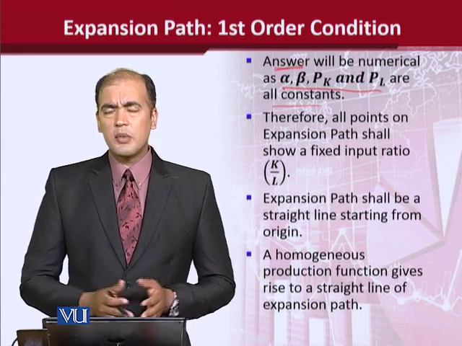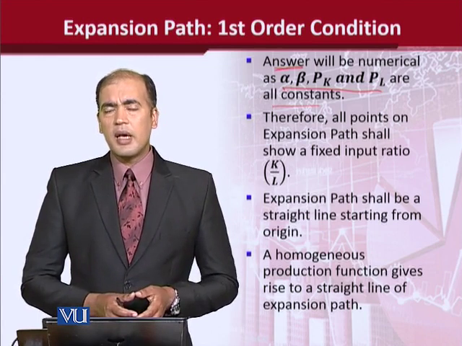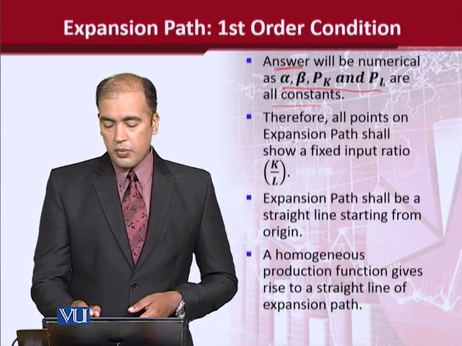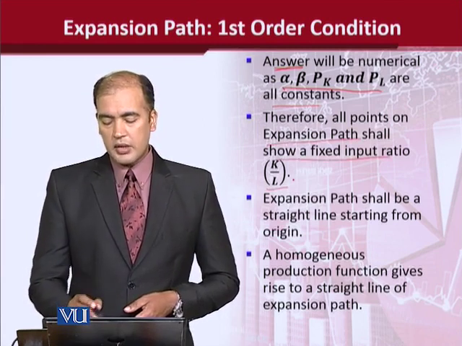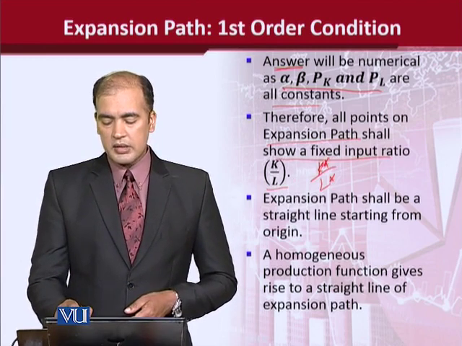And it is likely to be positive as well, because the coefficients, that is alpha, beta, as well as the prices, are positive. Therefore, all points on the expansion path shall show us a fixed input ratio. So the answer of K asterisk over L asterisk is going to be a constant, for example 2.